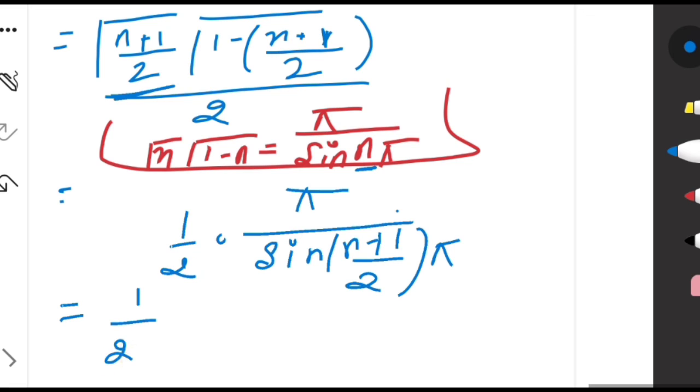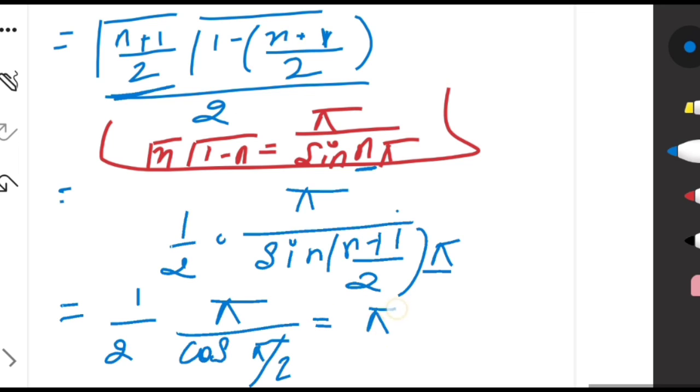This can be written as half, and pi, this will be n pi by 2 plus pi by 2. And on pi by 2 the name gets changed, so instead of sine, here it will be cos n pi by 2. Then this is equal to pi by 2.